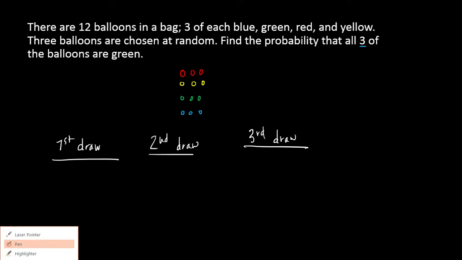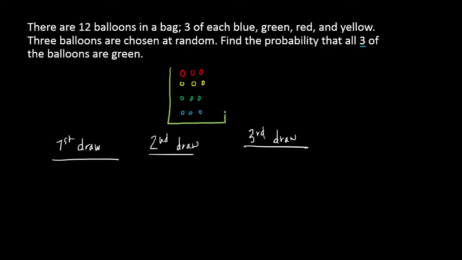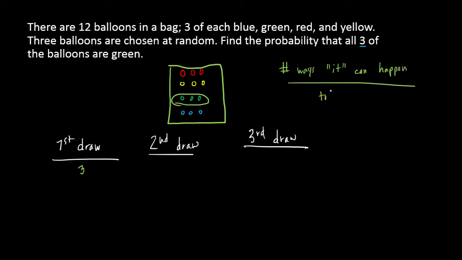So the first time I draw a balloon, what's the likelihood that, if this is what's in the bag, what I get is green? Well, there are 3 greens, right? So 3, which is, remember, the number of ways we can draw green on our first try, divided by total outcomes.